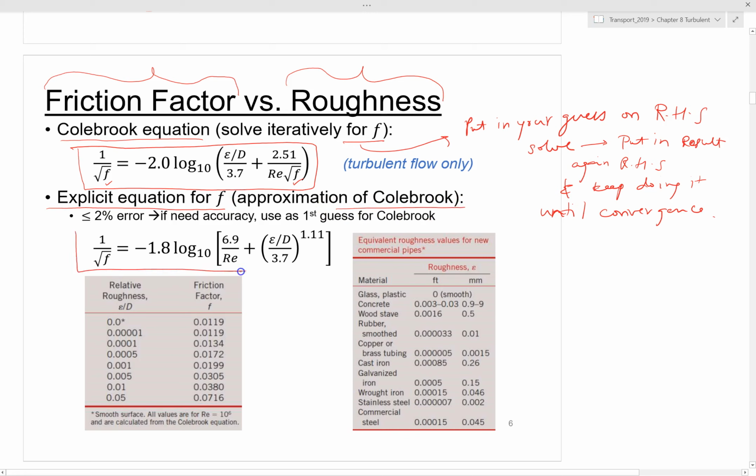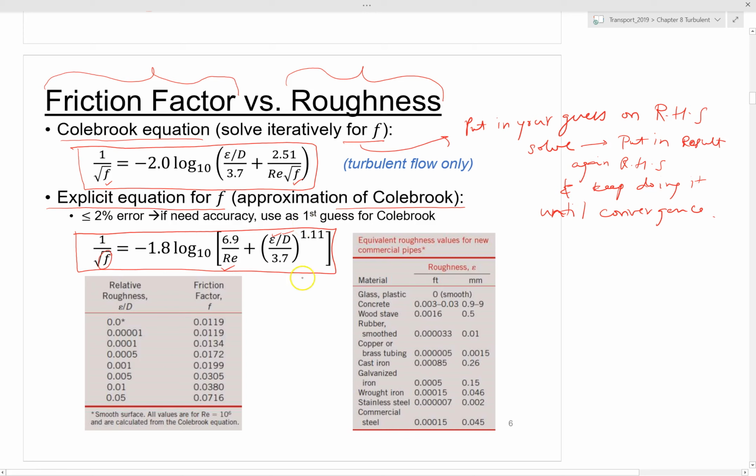This is really handy, the way it is presented, the final form, because now you can plug in your Reynolds number, the mean height of roughness and the diameter, and pretty much predict the friction factor.